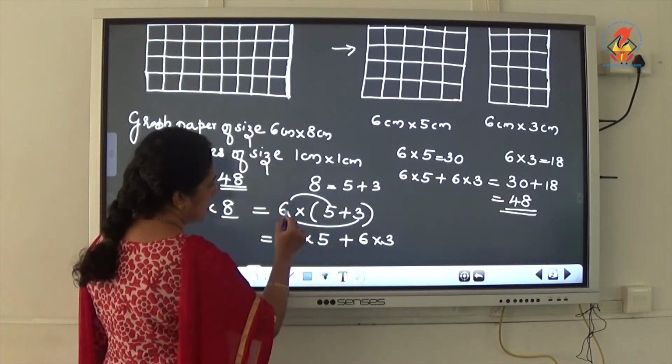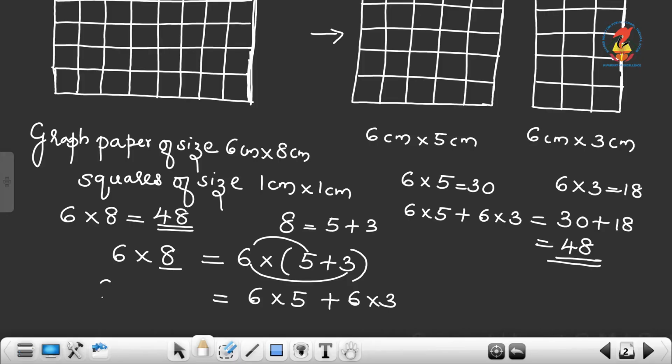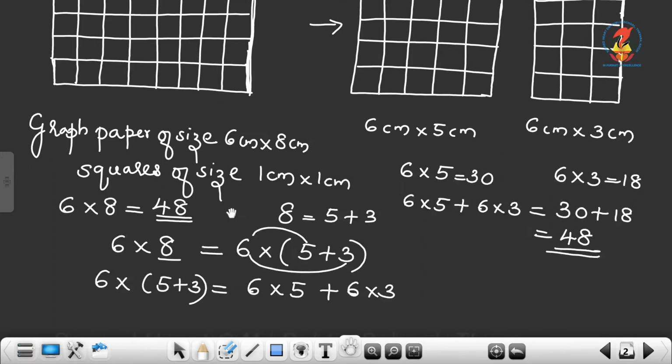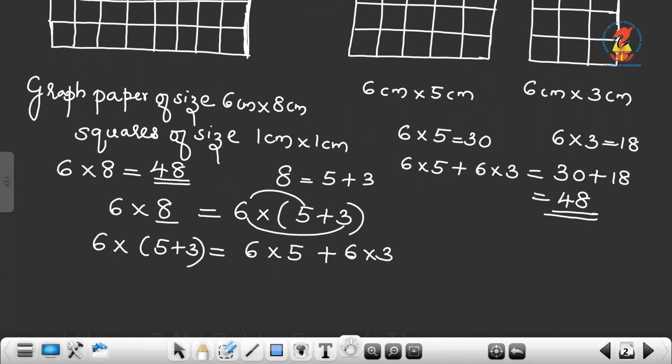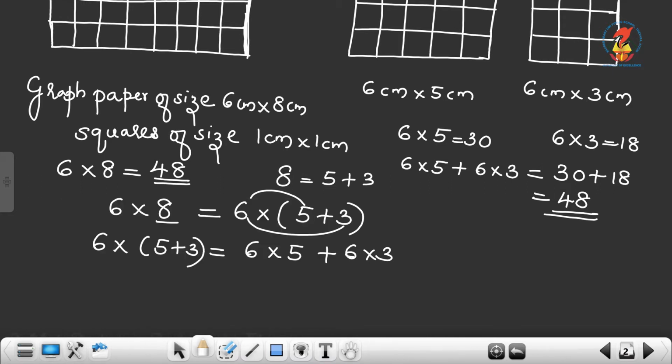Then again 6 into 3. Therefore 6 into (5 plus 3) we can write as 6 into 5 plus 6 into 3, and this is known as the distributivity of multiplication over addition.